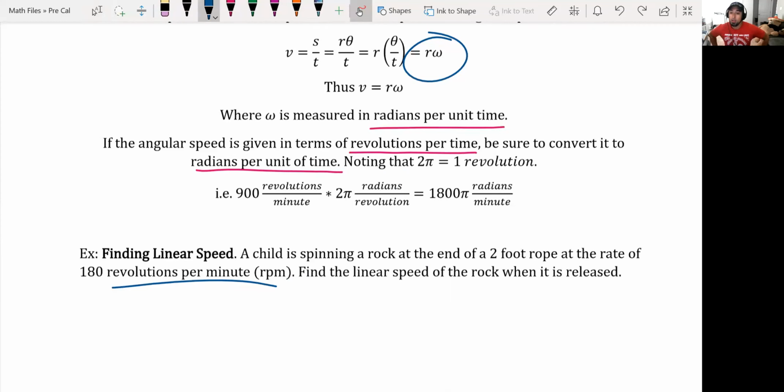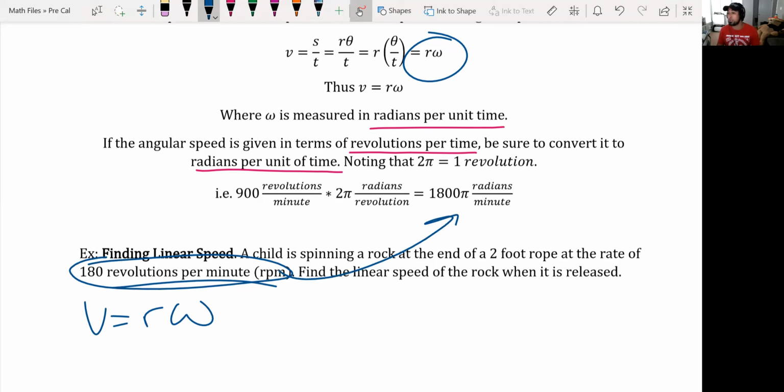Okay, find the linear speed of the rock when it is released. Okay, so this means we get to use v equals r times omega. But before we actually plug into the formula, 180 revolutions per minute has to be converted to radians per minute. So let's start with that first.